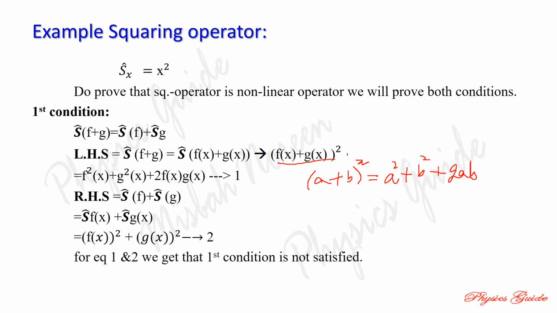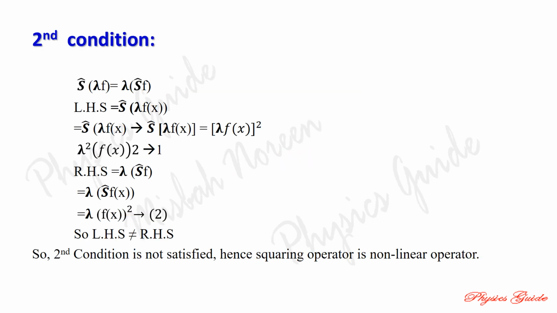So now we prove the second condition of the linear operator. Now students, the second condition is that if we multiply a constant with the function, and the product of this constant and function is multiplied with the operator, it is equal to the constant outside of the bracket and the operator multiplied with the function.